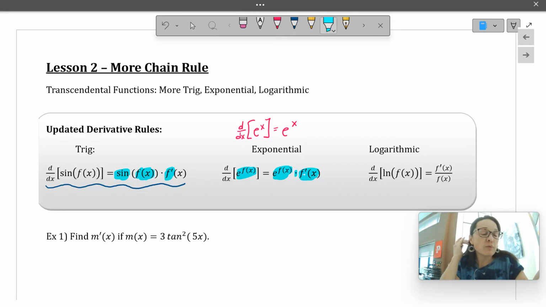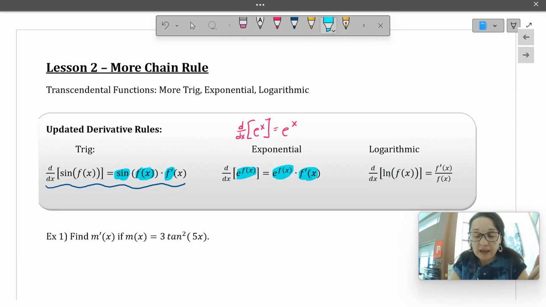Now, how does that jive with derivative of the outside, keep the inside, times the derivative of the inside? The derivative of e to the something is itself, so there's the derivative of the outside, keep the inside. Then we consider the exponent the inside, and so there's the times the derivative of the inside.